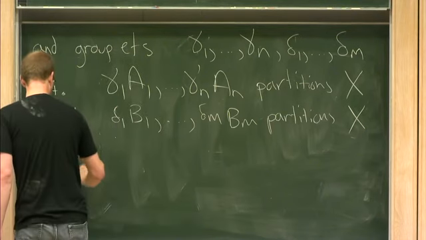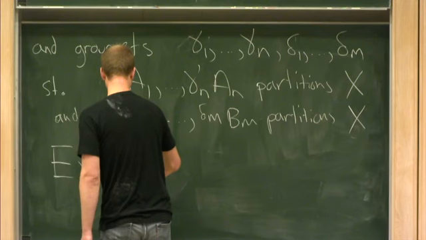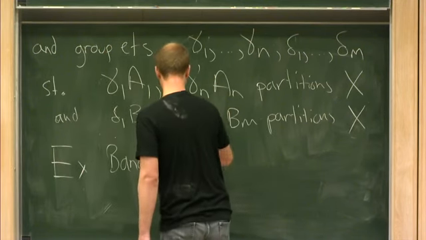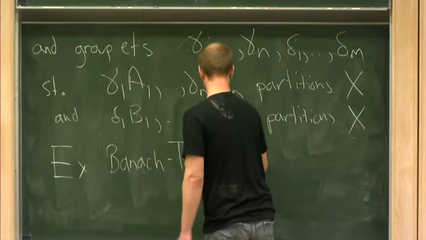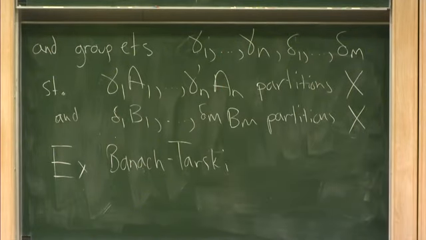And so, for example, the Banach-Tarski paradox. So here, in the Banach-Tarski paradox, the action that you're using is the action of rotations on the ball in R3 minus the origin. Okay?